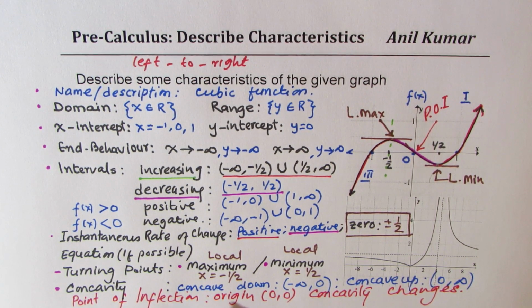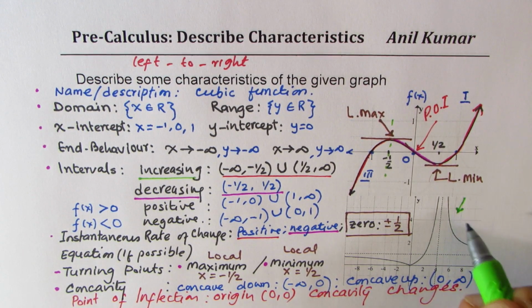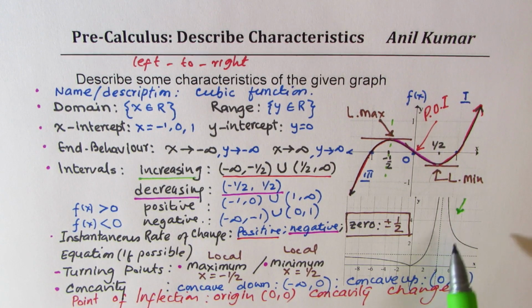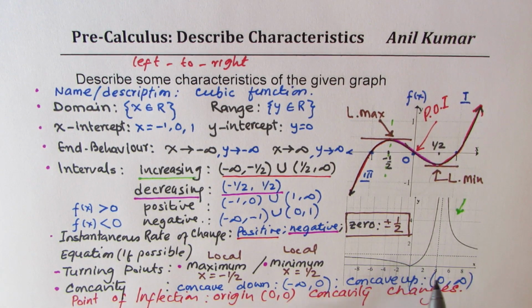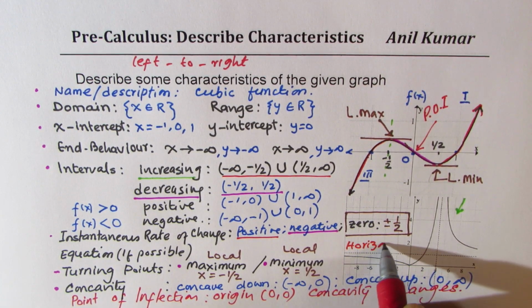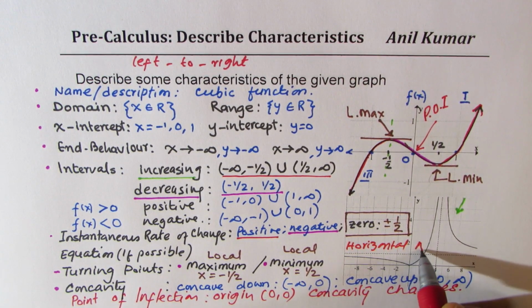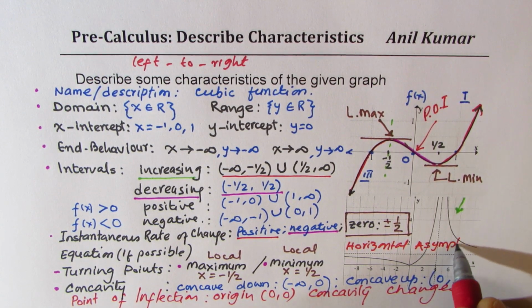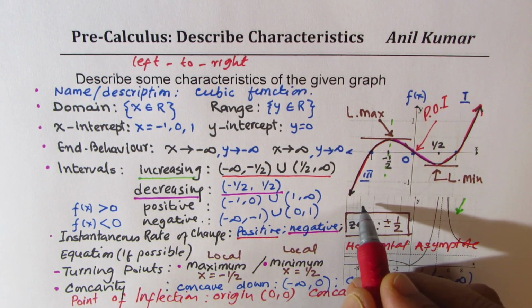Sometimes we have some special characteristics which we see here. Now there are different types of discontinuities which we will discuss with the second graph. So now we'll look into the second graph and again describe all those features. Mainly, I'm going to describe two particular characteristics here. One is the horizontal asymptote, and the other one is vertical asymptote.